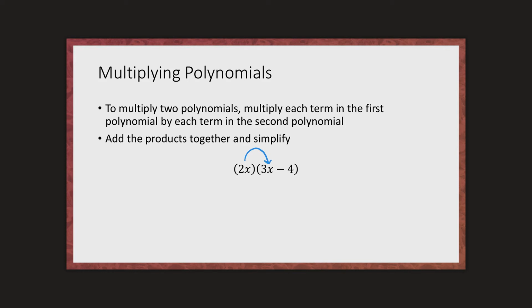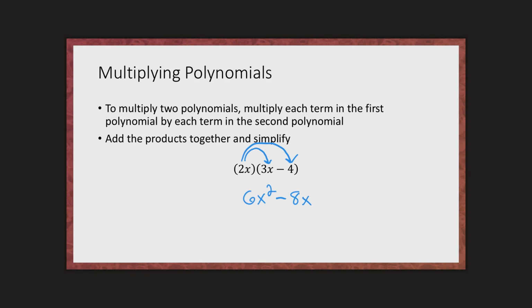So one term times a binomial inside of parentheses, you multiply that by each of the terms. So 2x times 3x, well, the 2 times 3 is 6, and x times x is actually x squared, minus 4 times 2, which is 8, and x times 1 is just x.